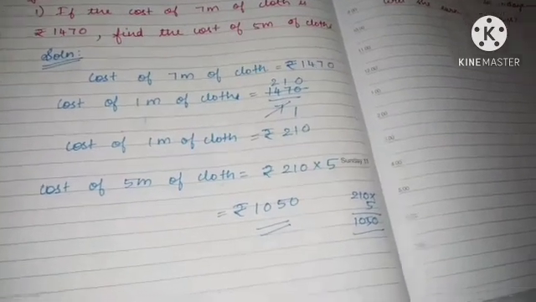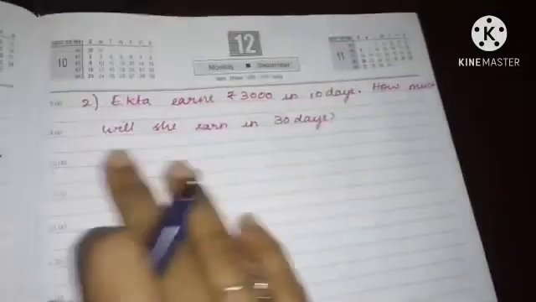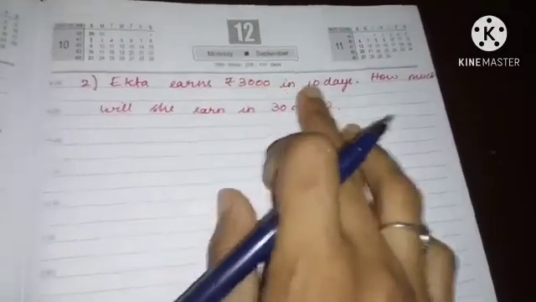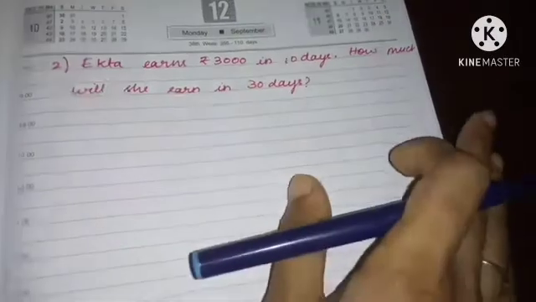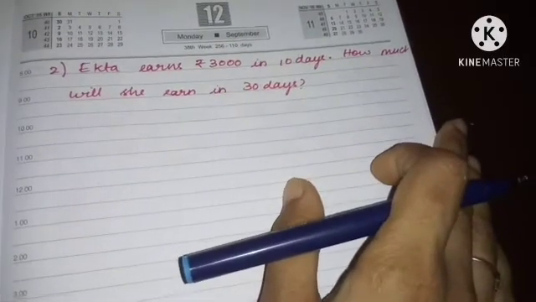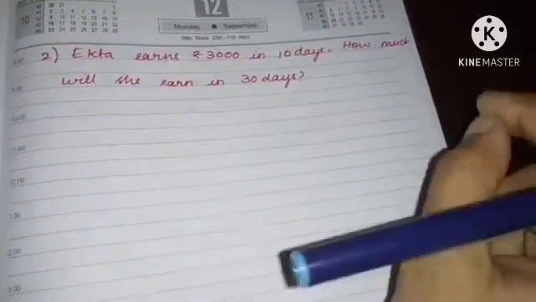Okay. Next, second problem. Ekta earns rupees 3000 in 10 days. And how much will she earn in 30 days? Okay, what they have given, Ekta earns rupees 3000 in 10 days.